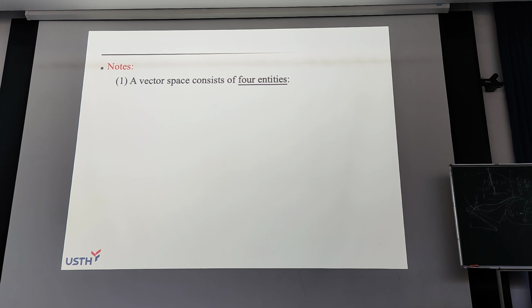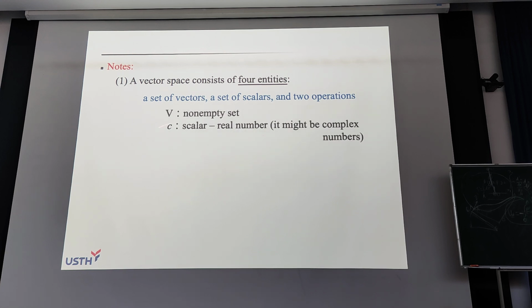A vector space consists of 4 things, 4 entities. The first one, we need the set V. A set of vectors, it is V.